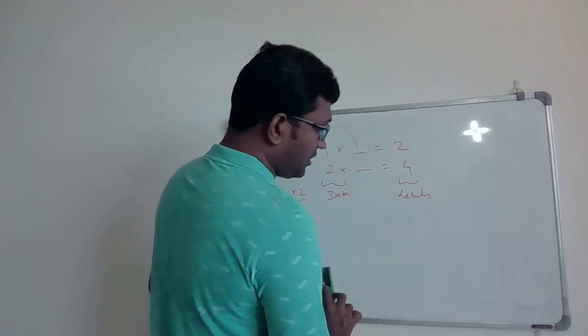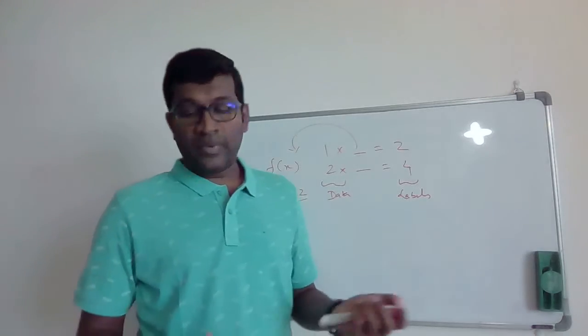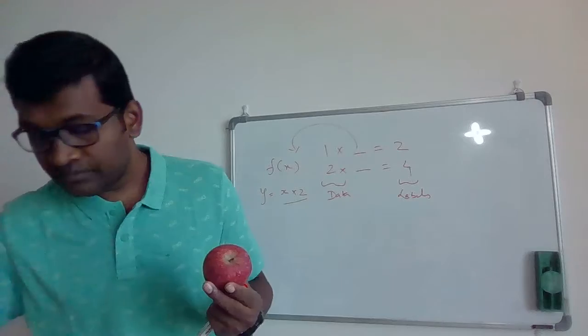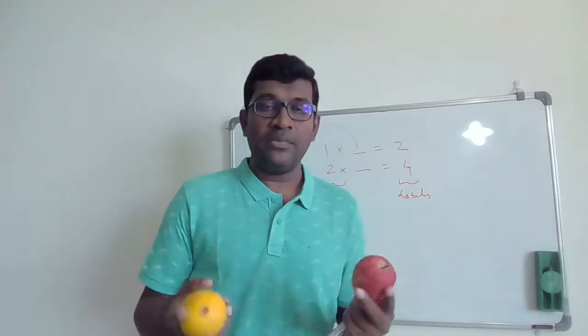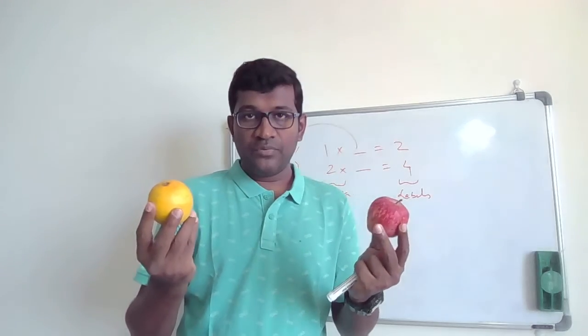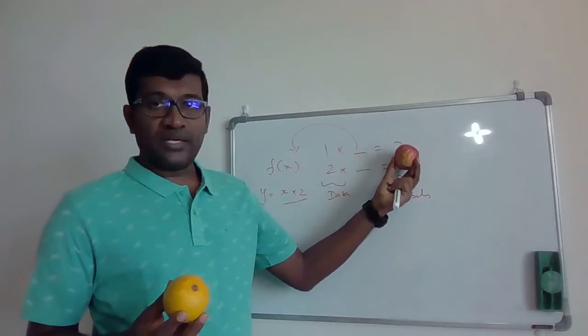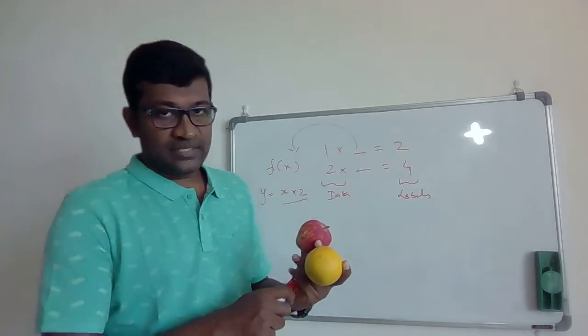Similarly, if you want to do classification, like classifying two objects, let's say you take an image of an apple and an image of a sweet lime. This is actually not an orange, it's a sweet lime. If you want to classify these two, you will not get labels like 2 or 4. You will probably get classes.